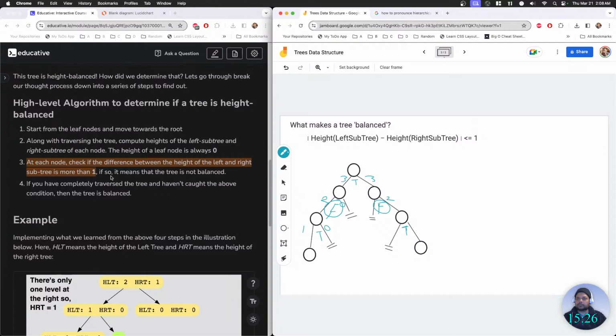At each node, if so, oh, so yeah, if we find a node where it's not balanced, then it means the whole thing's not balanced.